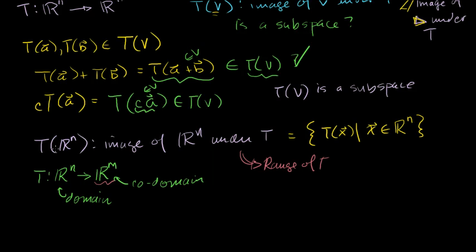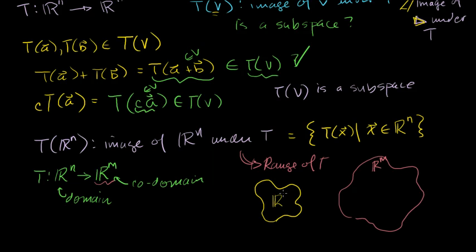If you take the image of Rn under T, you're actually finding them. So let's say that Rm looks like that. Rm, obviously, will go in every direction. And let me draw Rn right here. Let's say this is Rn. And we know that T is a mapping from Rn to Rm.